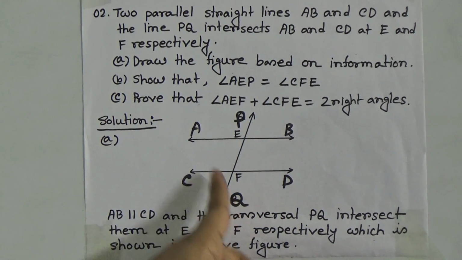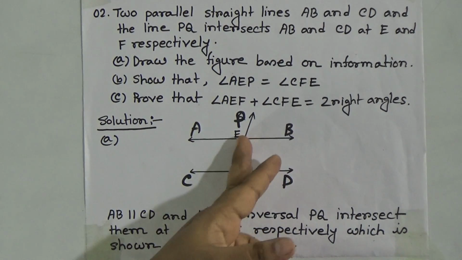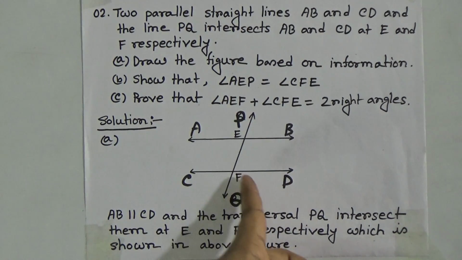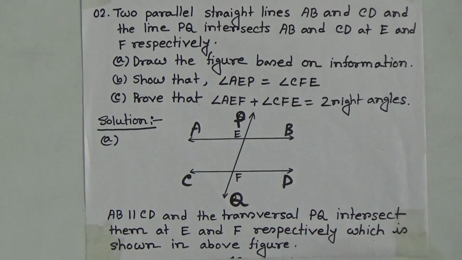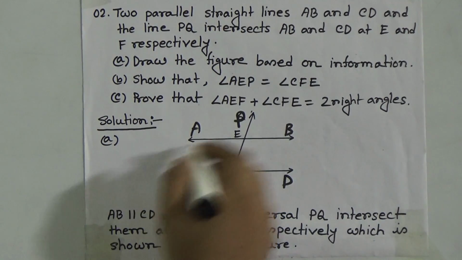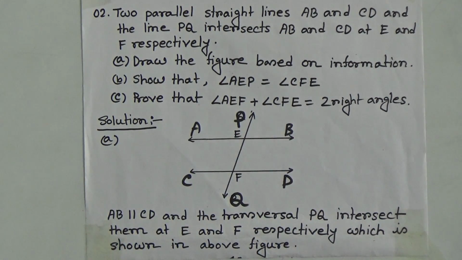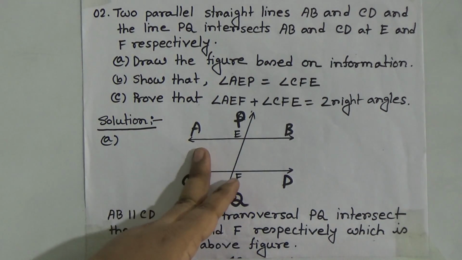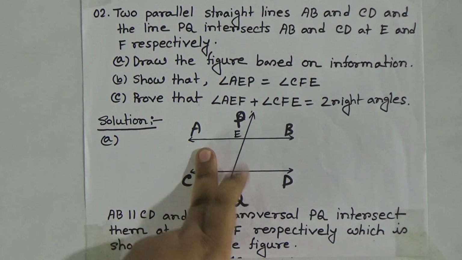This transversal intersects AB at the point E and CD at the point F. I repeat, AB and CD are two parallel lines and PQ is the transversal which intersects AB at the point E and CD at the point F. So this is the figure. I hope you have understood and you can draw this figure.